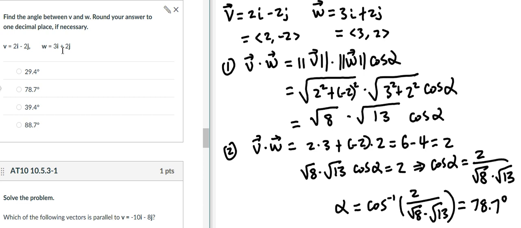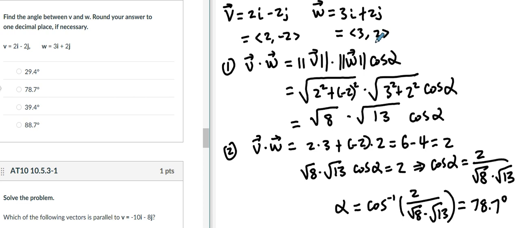w is 3i plus 2j. 3i plus 2j can be written in this way, ⟨3, 2⟩. One is x, another is y.